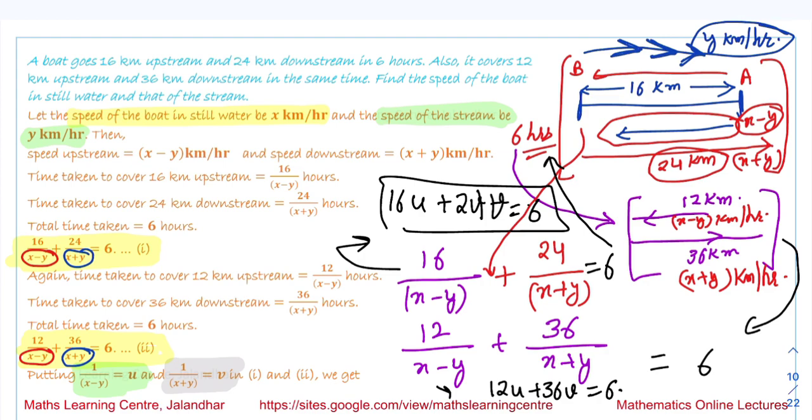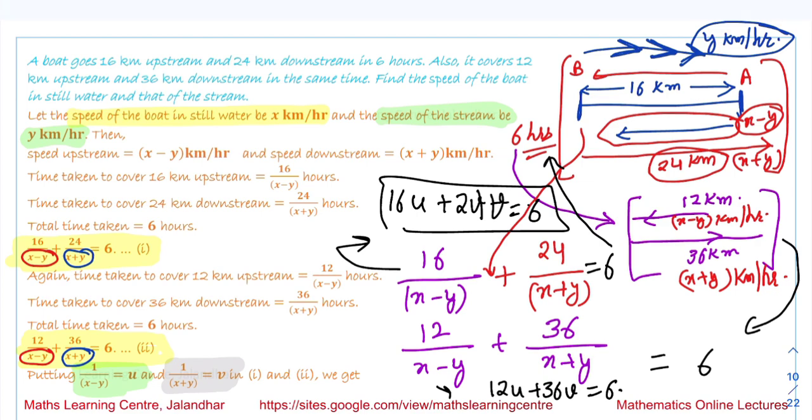So these are the two equations we are talking about. When we simplify these equations, we get the equations in these two forms: 8u plus 12v is equal to 3 and 2u plus 6v is equal to 1. Now to solve these equations, suppose we multiply the second equation with 4, it will become 8u plus 24v is equal to 4.